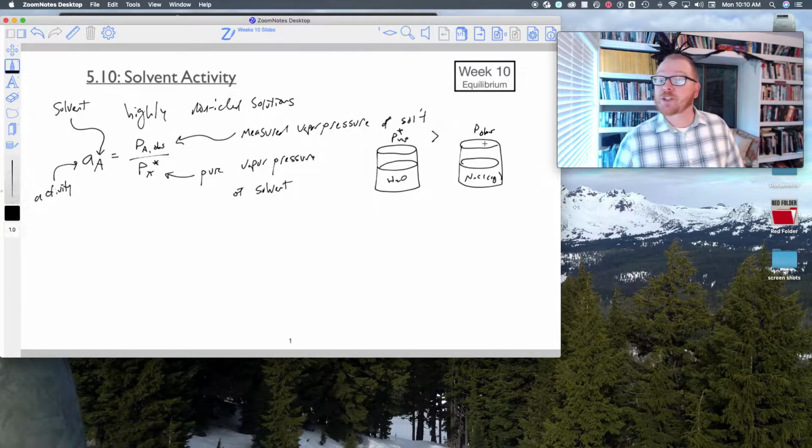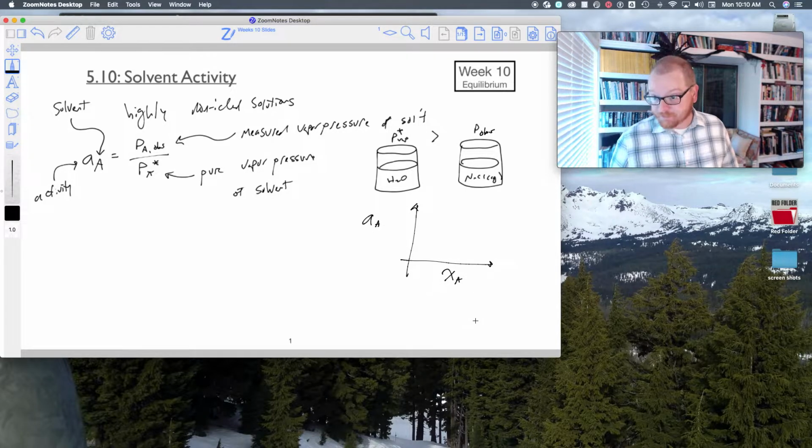Whatever we measure the vapor pressure of this solution to be, we could calculate the activity by ratioing it to the vapor pressure of the solvent. What would be useful in this kind of exercise would be to look at activity versus, perhaps, mole fraction.